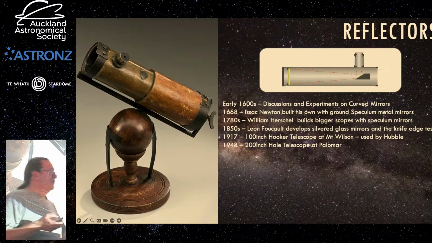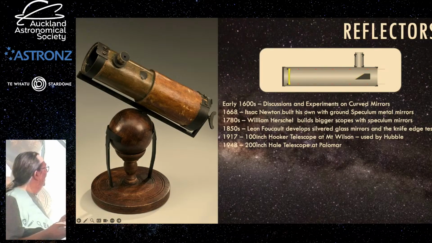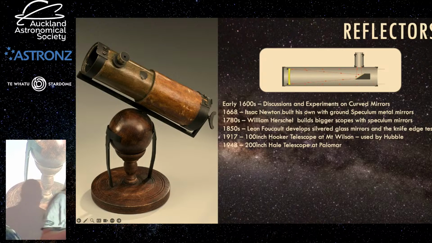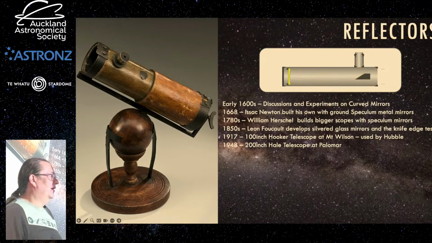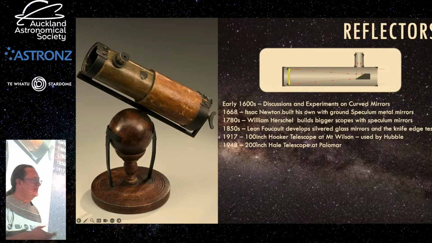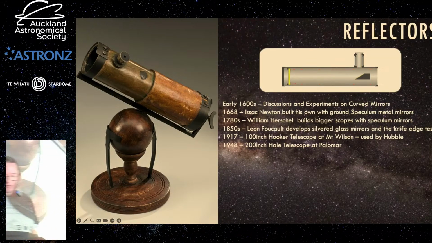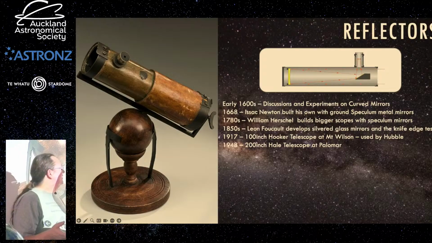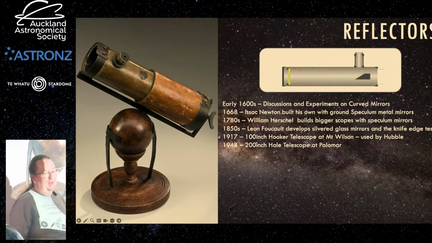Ultimately, that led to bigger and bigger telescopes. By 1917, we had a 100-inch telescope, the Hooker telescope at Mount Wilson. That was the one that Edwin Hubble used to make his discoveries about the expansion of the universe. And then 200-inch telescopes like the Hale telescope at Palomar.